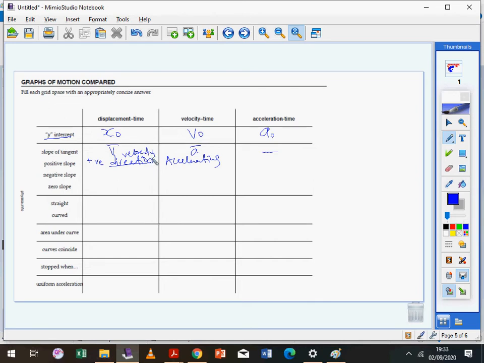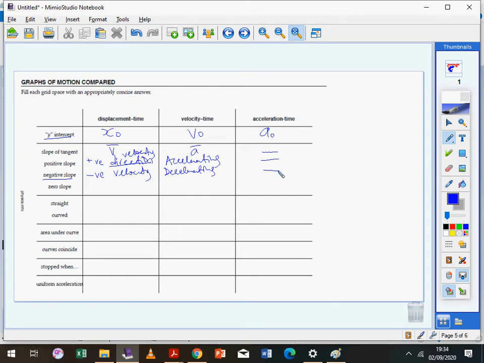Again, for the acceleration time graph, the slope doesn't mean anything meaningful in physics. A negative slope of a displacement time graph means that object has negative velocity. For the velocity time graph, this means it is slowing down, decelerating, speed is decreasing. Again, that one is not meaningful.